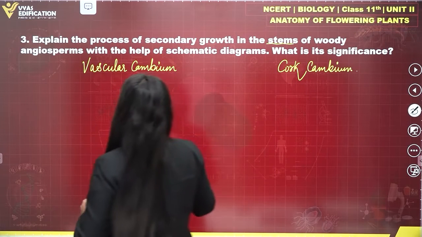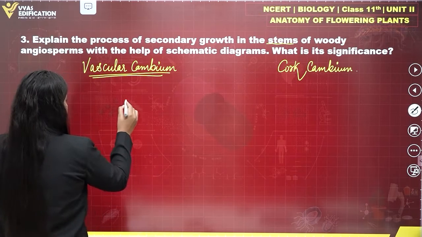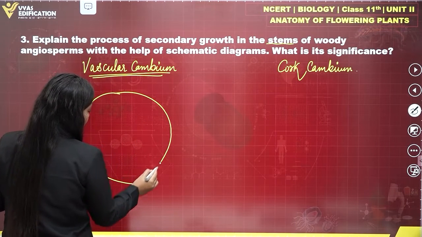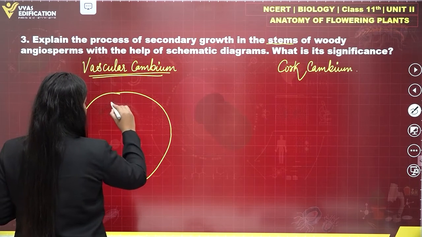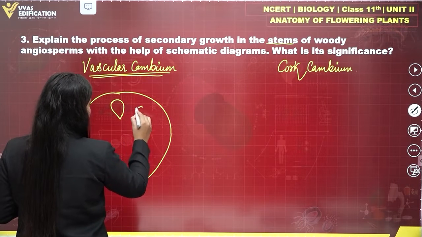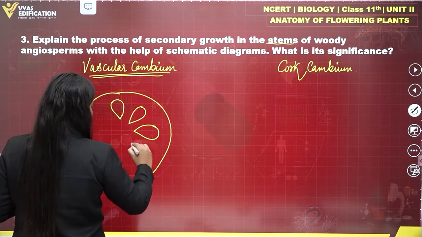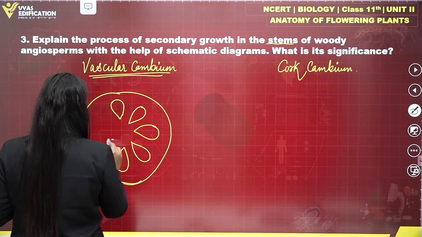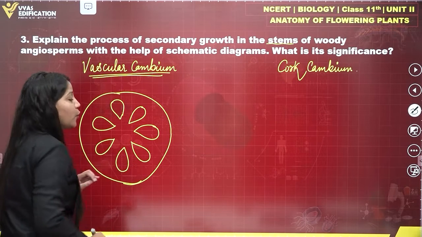Alright, let's start to draw the schematic diagram for Vascular Cambium. This is your epidermis layer. Then you have the cortex region, and inside this you will see vascular bundles like this. Secondary growth always occurs in dicot plants only. Secondary growth is not a feature of monocot plants.